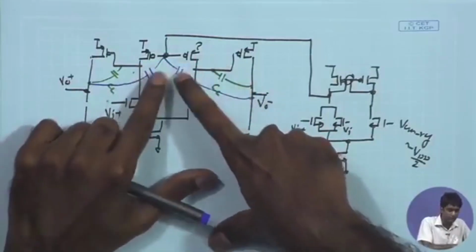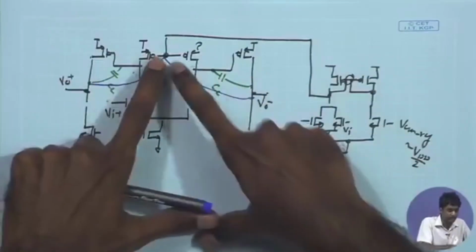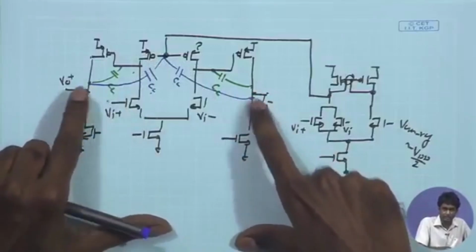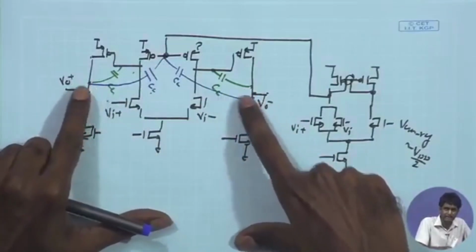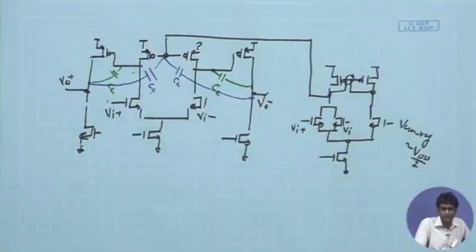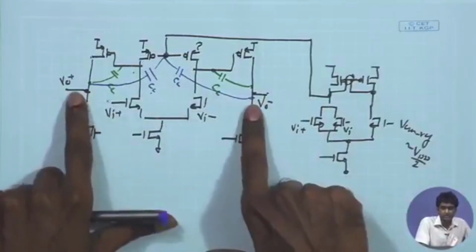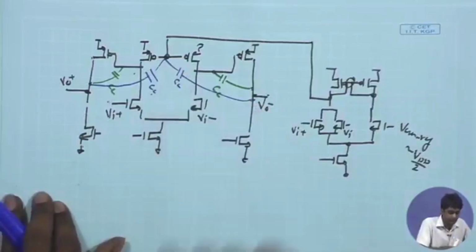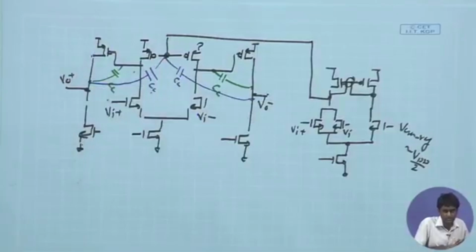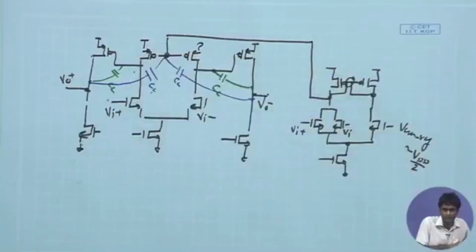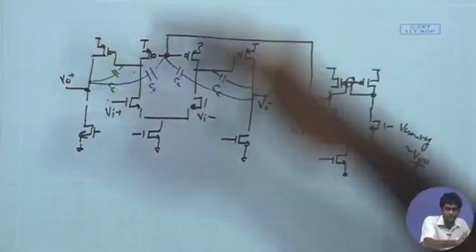Now, the only way the common mode response and the differential response are going to interact is the effective CC coming at the output node. For the differential response, we will have to represent the CC at the output node, between the output node and AC ground, because for the differential response this is AC ground. So, that is well and good, that does not really interfere with our differential response. For the common mode response, the advantage we are getting over here is that from this point to this point, gain is GmRo square, and as a result the multiplication that you get for the CC will be large, and hence the effective capacitance over here can be pretty large.